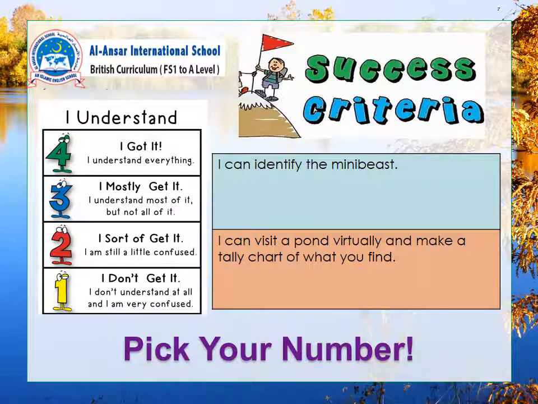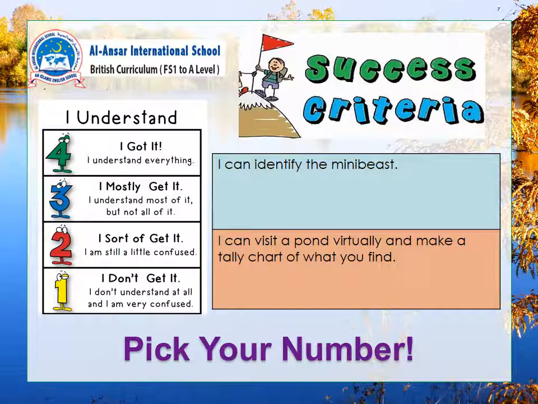Okay, so let's talk about this and pick your number. Can you identify the minibeast? Pick 4 if you got it, 3 if you're almost there, 2 if you sort of have an idea what I'm talking about, and 1 if you don't get it.